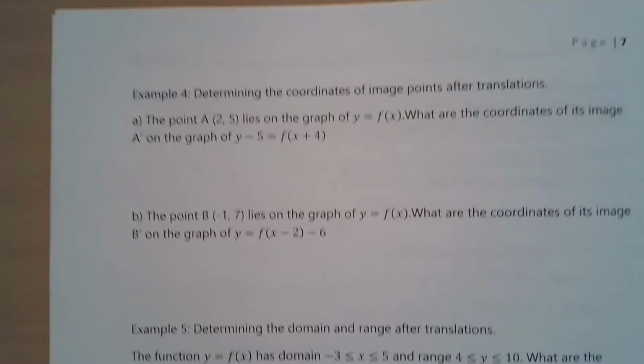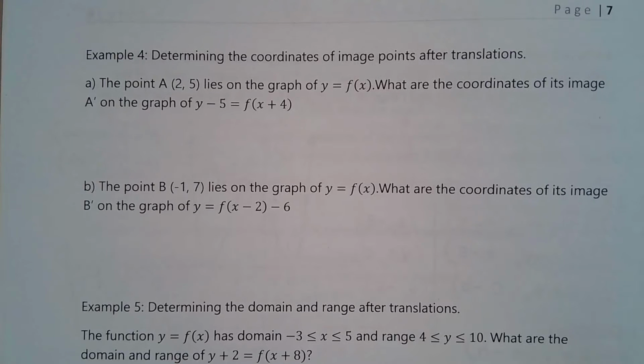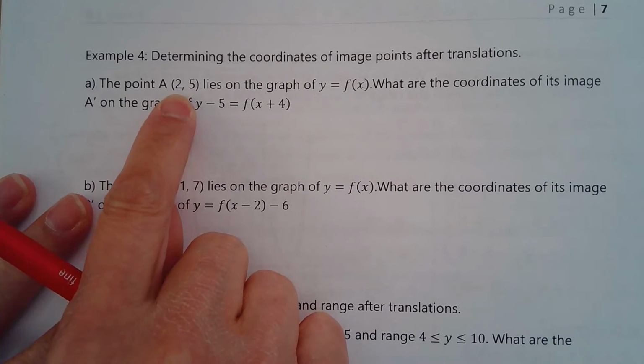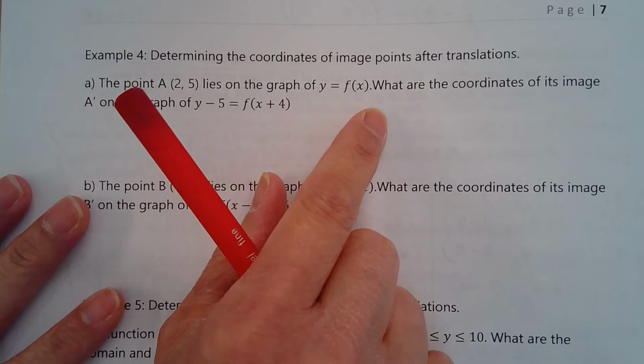So going over page 7, example number 4, it says here, determine the coordinates of image points after the translation. They gave us a point, okay? So the point is at (2, 5). That is in the graph y equals f of x.